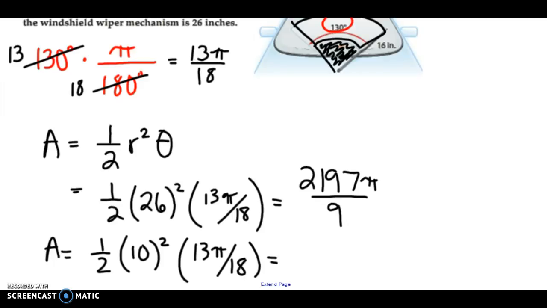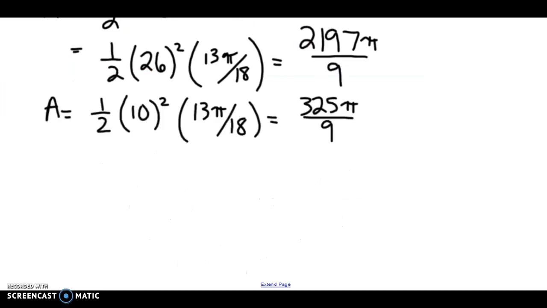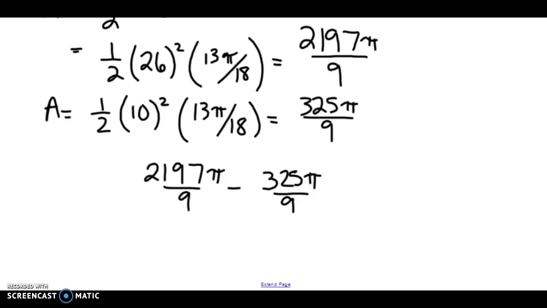Multiply that out, and I get 325 pi over 9. So when I subtract these two, because that's what I'm going to want to do to figure out my total answer, 2,197 pi over 9 minus 325 pi over 9 ends up being 208 pi, which is my answer.